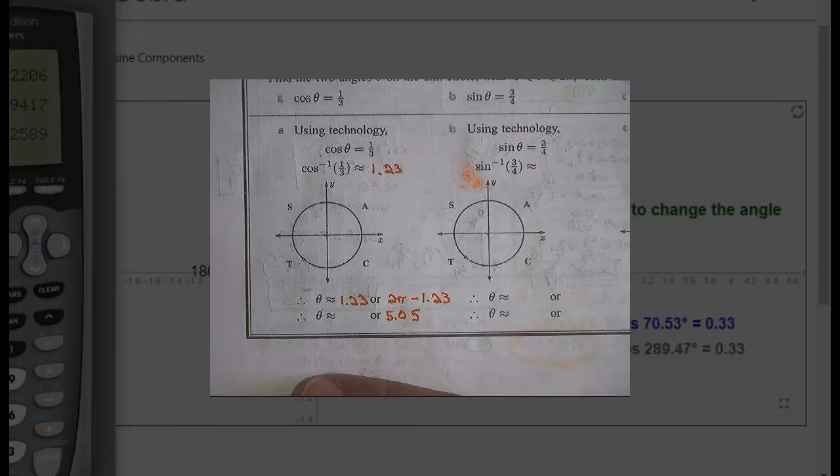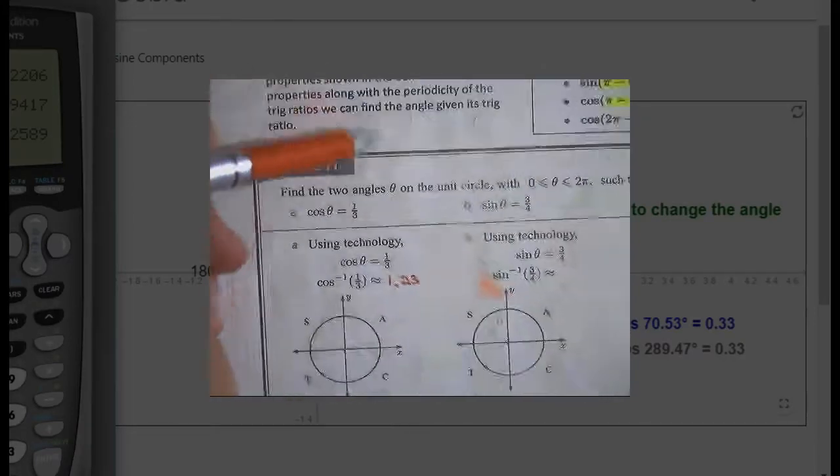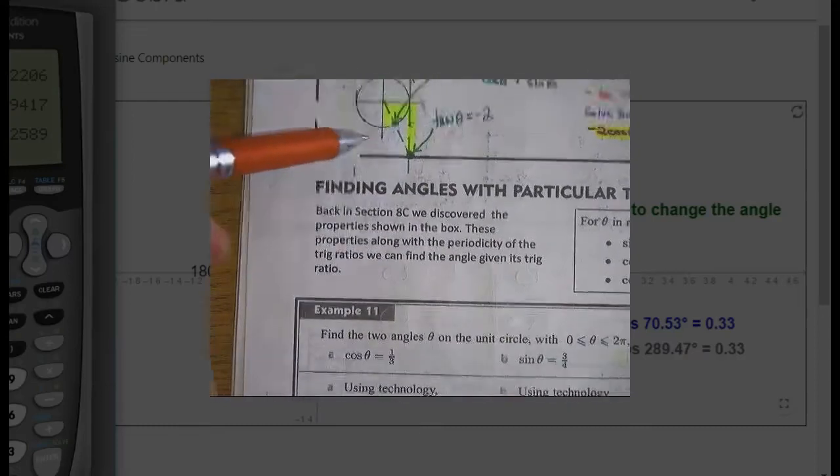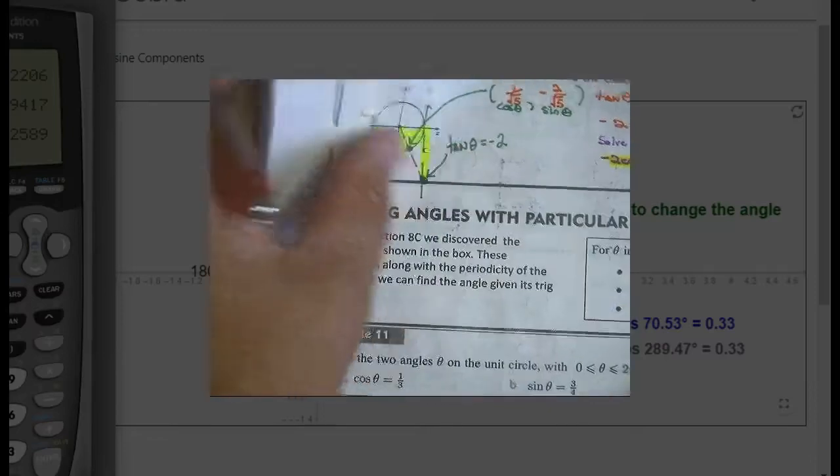If I'm understanding your question right, yes, there would be two possible angles that have a tangent of -2. One of them would be in the fourth quadrant, and the other would be up here in the second quadrant. So the answer is yes.